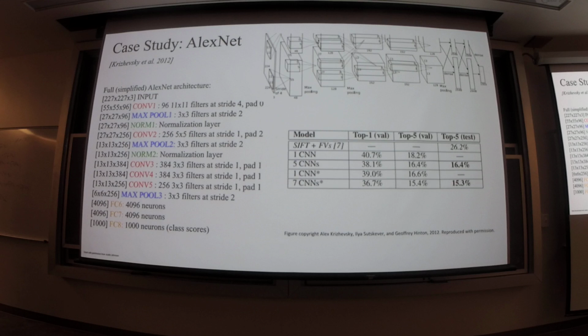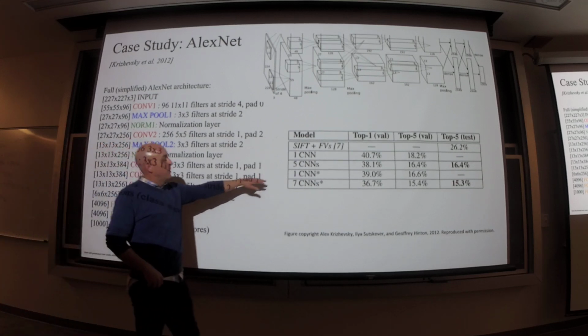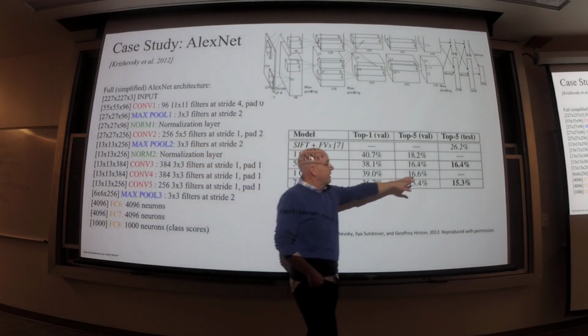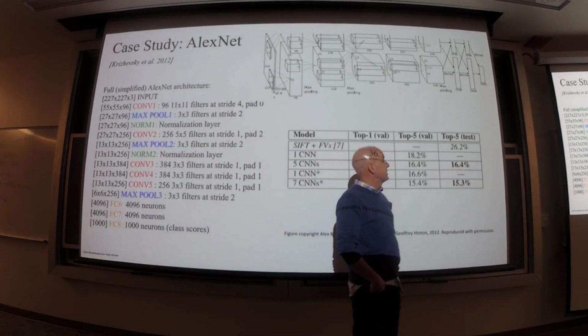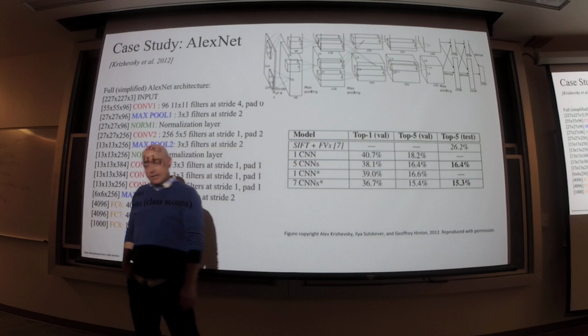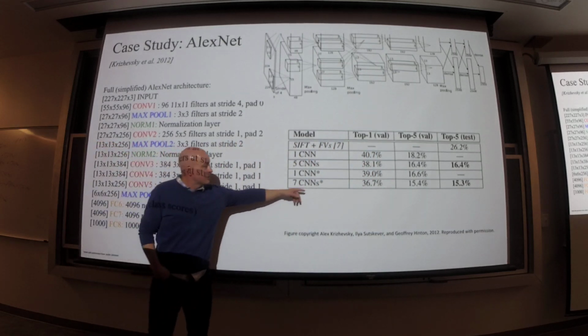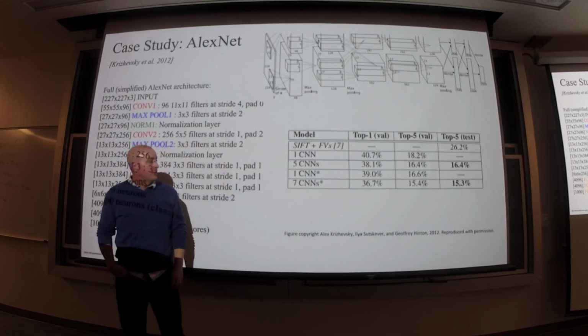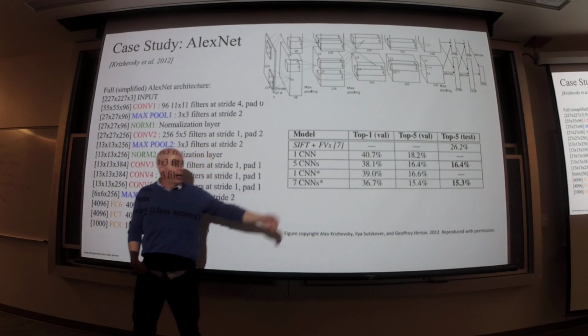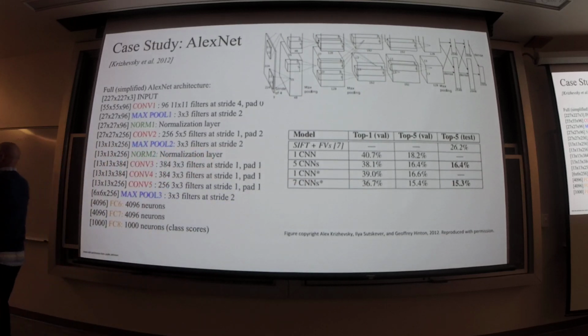Anyways, the point is, when they submitted this, they used an ensemble of 5 of their models to get a top-5 test error rate of 16.4%. Later on, after the competition, they did some additional tweaks and a larger ensemble, and they were able to get that error rate lower.